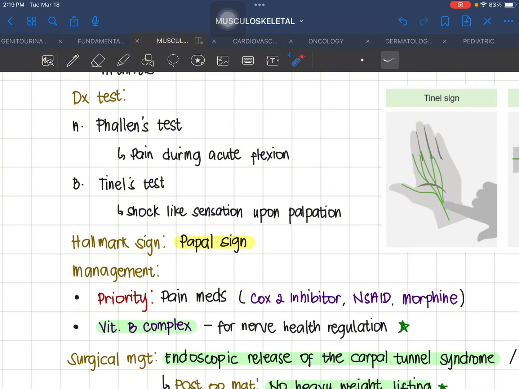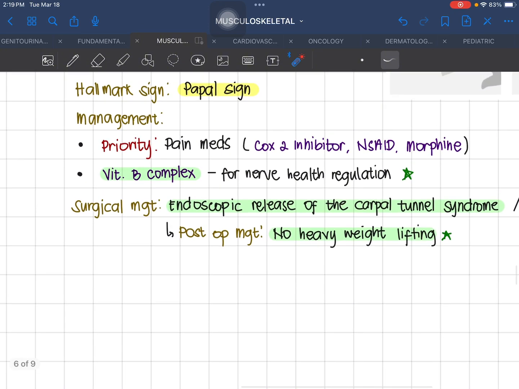And then, next, for the management, of course, the priority, dahil masakit ito, pain meds. Pain meds na pwede gamitin are COX-2 inhibitor, NSAIDs, and morphine. And also, we also use vitamin B complex dahil vitamin B complex is good for nerve health regulation.